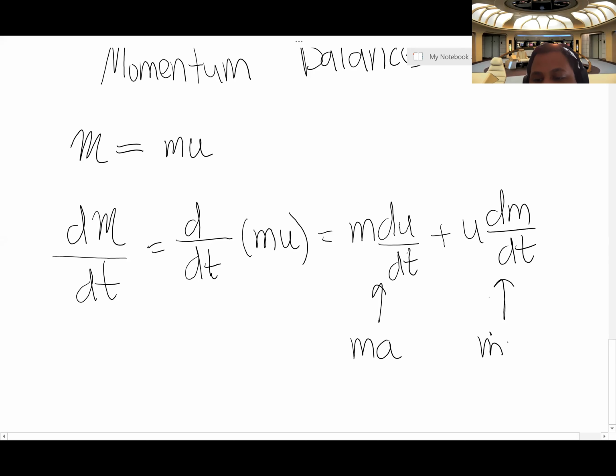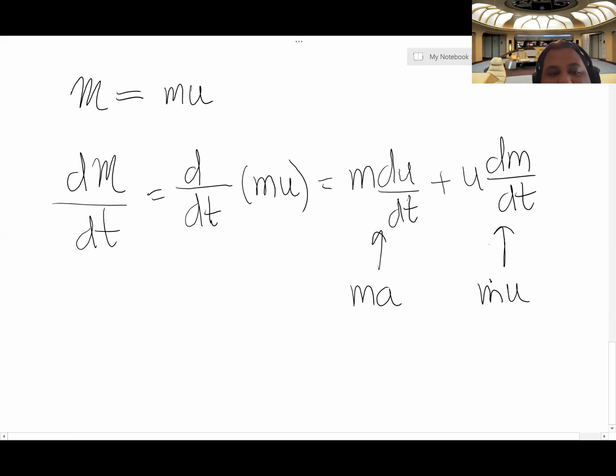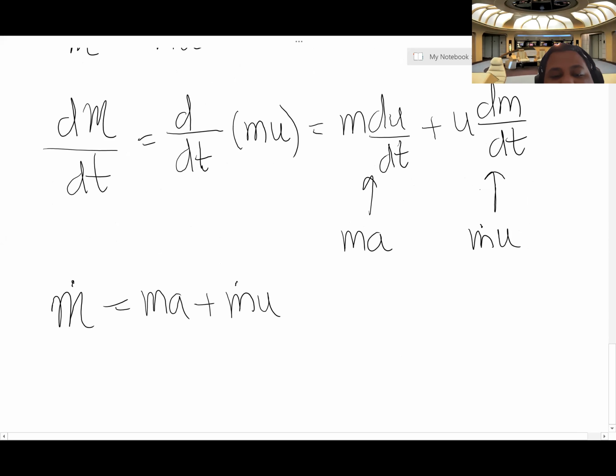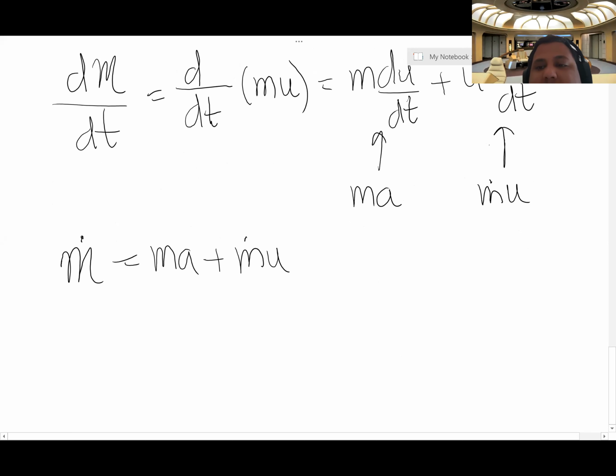m dot U. And so what I'm left with is dM/dt, which is fancy M dot, equals mass times acceleration plus my mass flow rate times the velocity. Which means I have two different contributions to a given momentum balance.